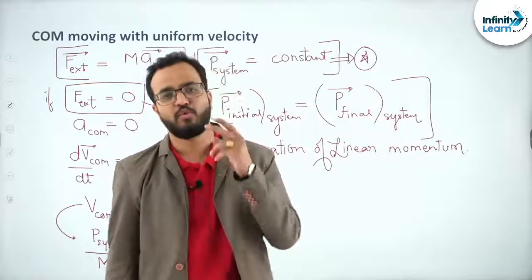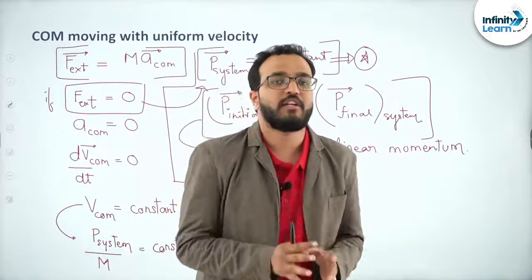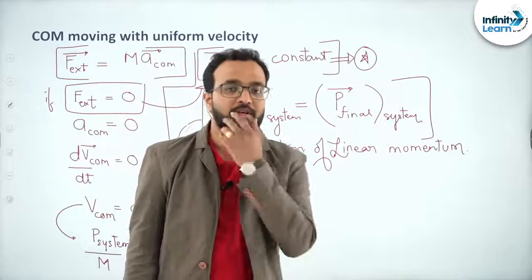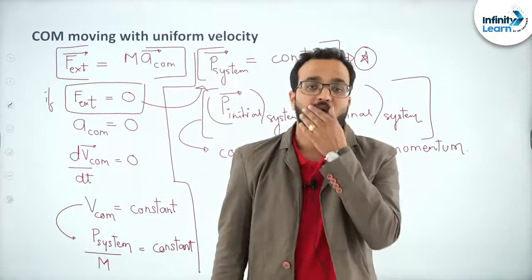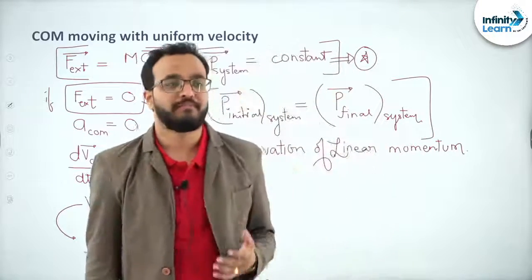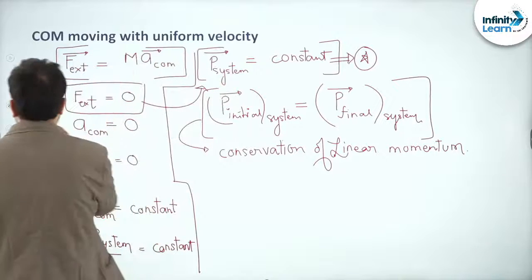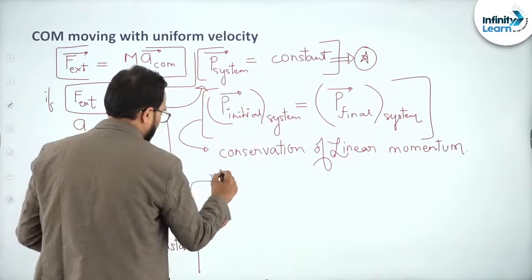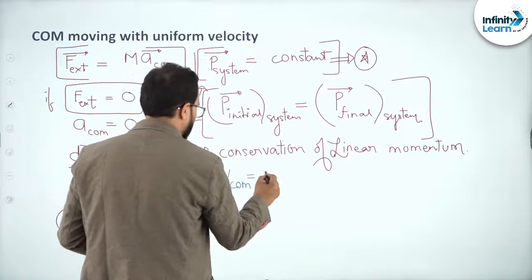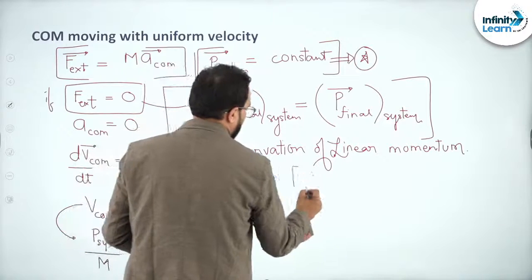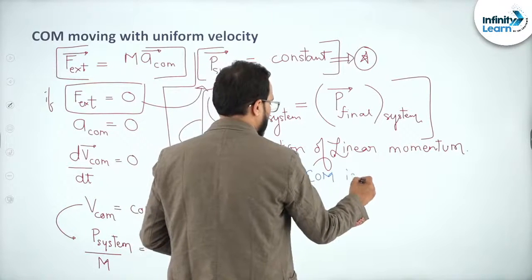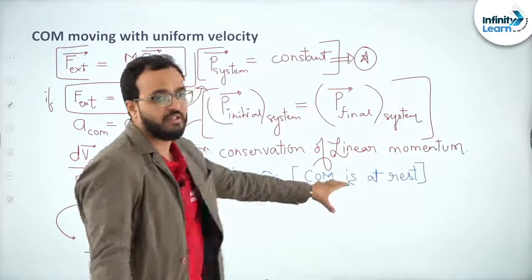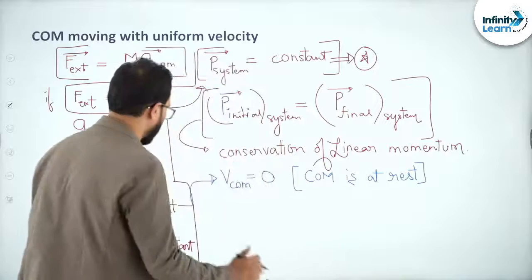Now, I am just going to discuss two more points: if the velocity of the center of mass is constant, then what does it mean? There are two things. If it is constant, either it can be 0 and constant, or it can be non-zero and constant. Either it can be 0, still a constant, which means the center of mass is at rest, and if there is no external force, it will continue to be at rest.